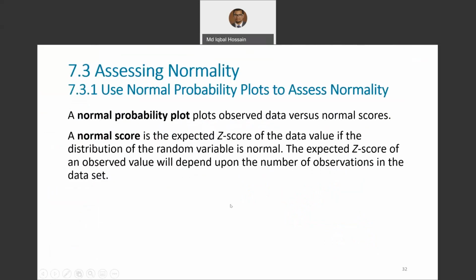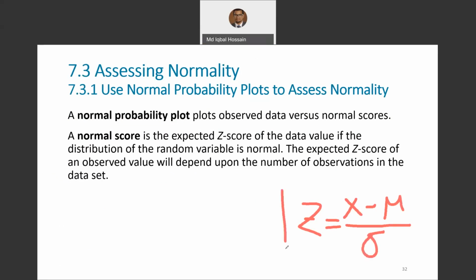You can see normal probability plots: observed data versus normal score. That means the expected z-score. Normal score is the expected z-score. If you remember when we were finding the z-score, the formula was z equals x minus mu over sigma.